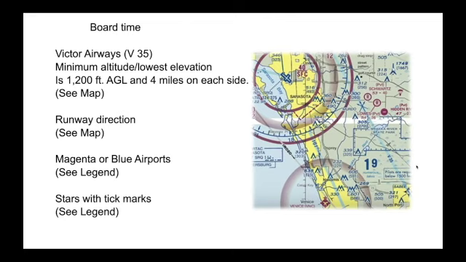Runway directions. Looking at the different airports here, looking at Sarasota, the airport that's there looks like a cross. That's the actual direction of the runways. So one looks like it's going from southeast heading northwest. Then the other one is running down from the north, that's going to be northeast, down to southwest.